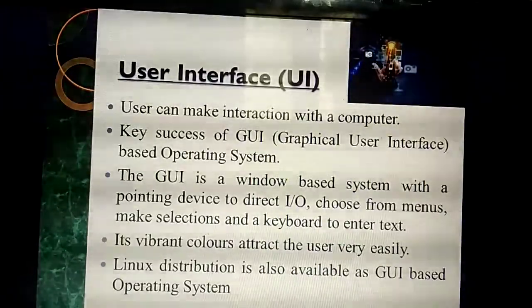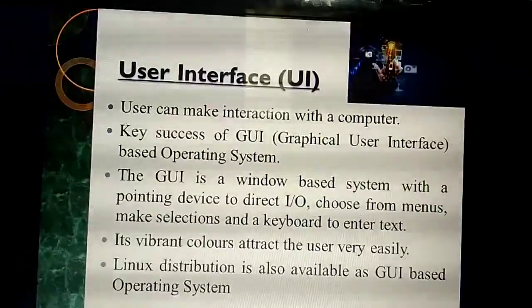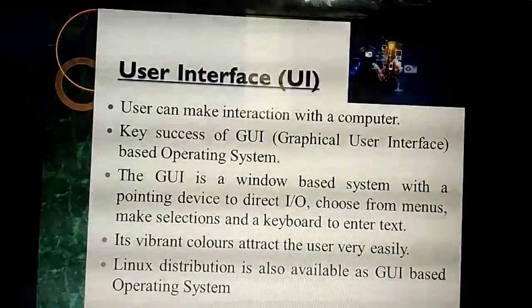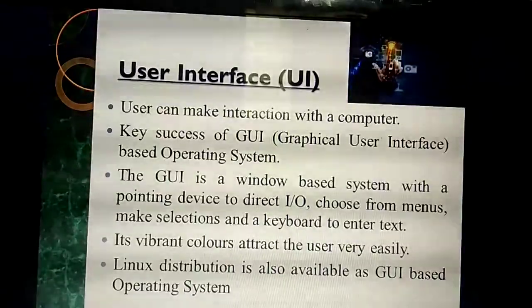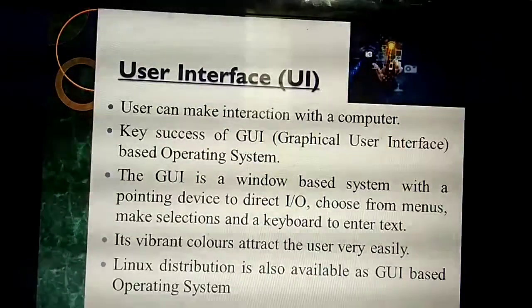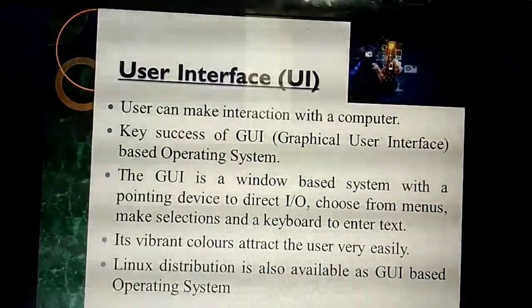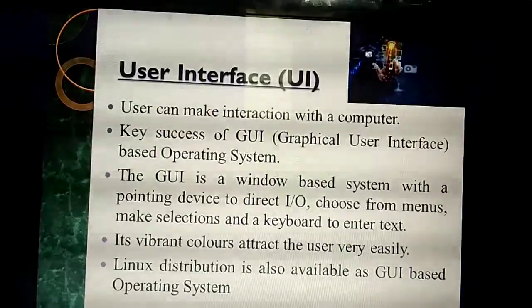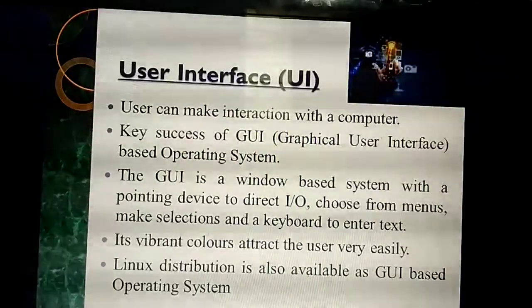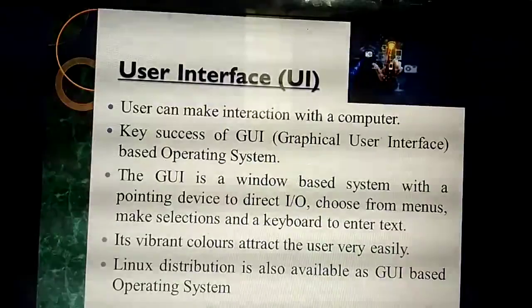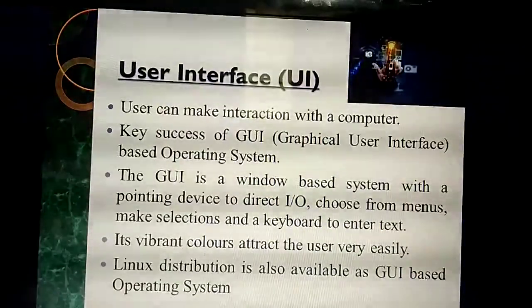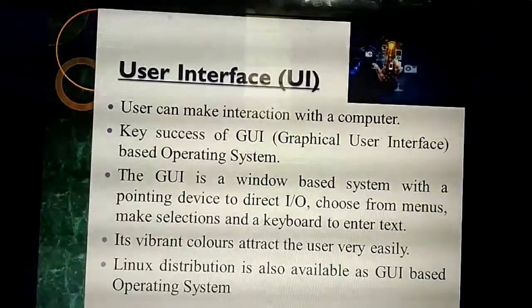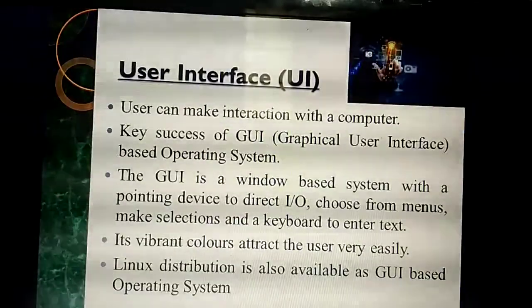You are typing the password. Either the password is a pattern lock or fingerprint or simply typing numbers. That is called user interface. You are interacting with that mobile by providing a password. Next you use a lot of apps on mobile phones. That is also called user interface. Who is the user? The person who is using that particular device.